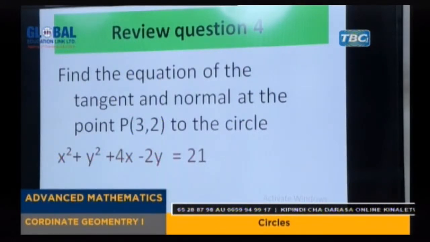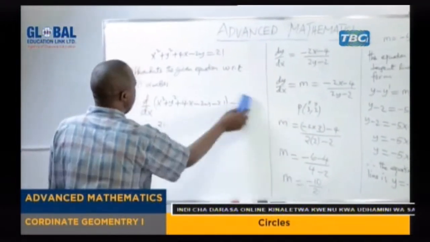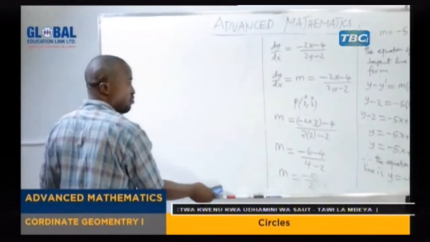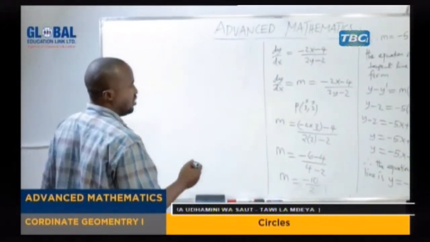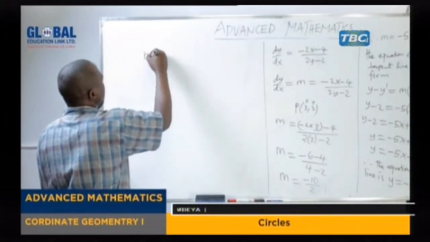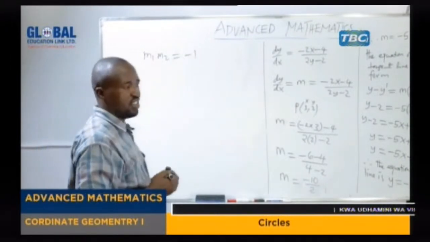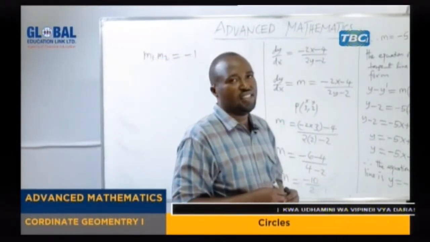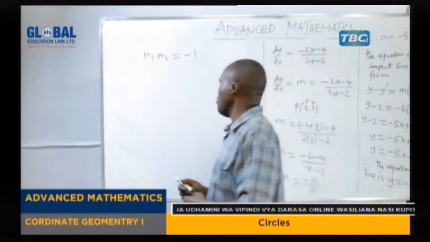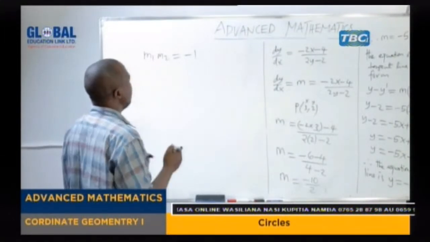So the equation of the normal can be found by the following steps. First, we say m1 times m2 is equal to -1. m1, we take the slope we have, that is -5.